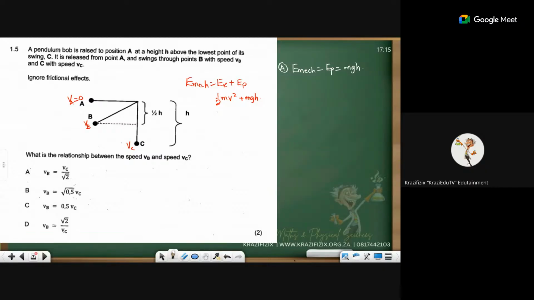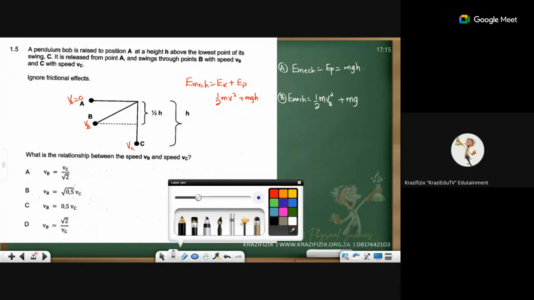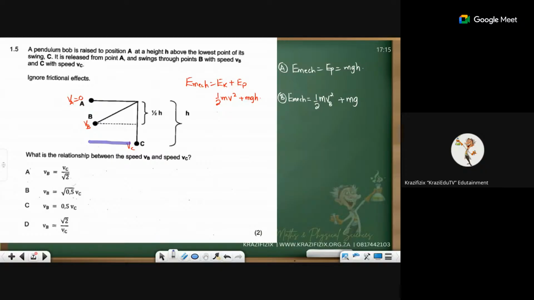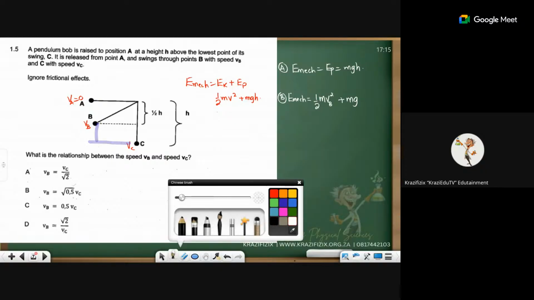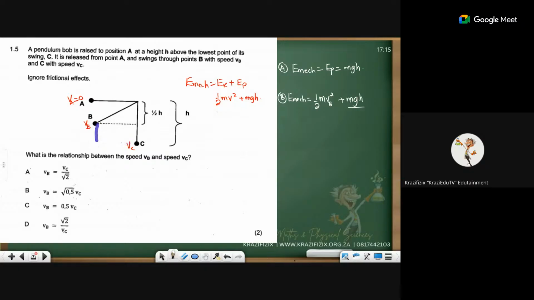What do I have at B? I'm going to have both of them. So it will be half mvb squared plus mg times the height from the ground, which is half of h, so mgh over 2.